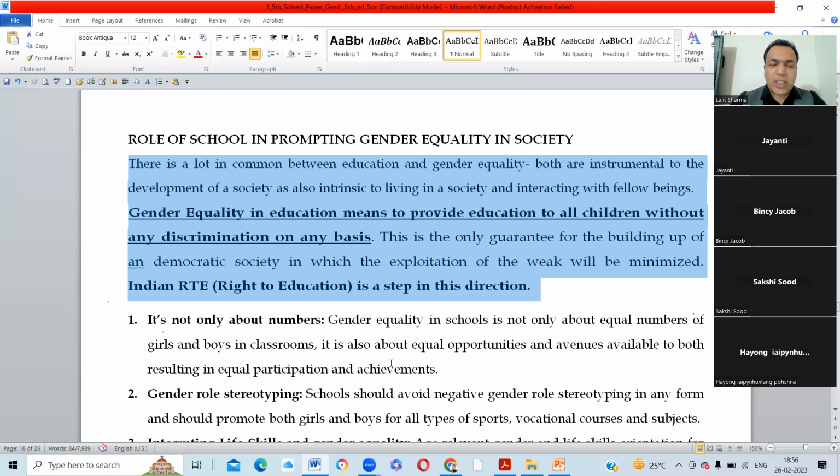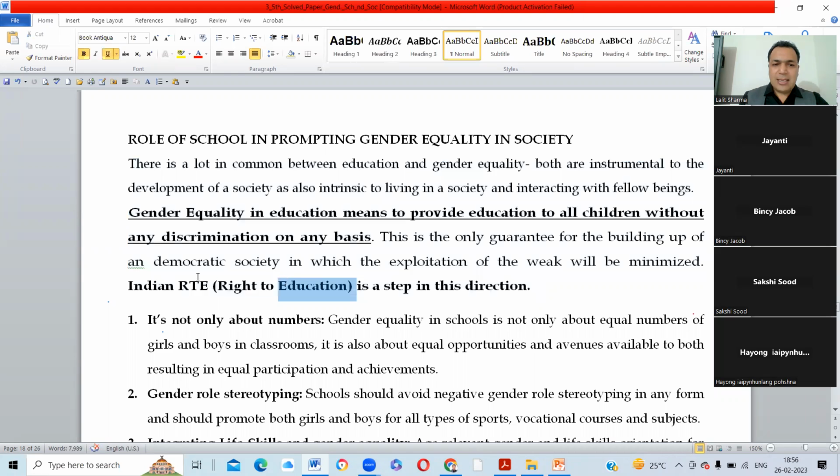Gender equality in education means to provide education to all children without any discrimination on any basis. Right, guys? So see, the Right to Education Act. Remember, in Paper 2 we have thoroughly done the Right to Education Act. Okay? So now you are looking at what the Right to Education Act says: every person should get education from the age of 6 to 14 free of cost.